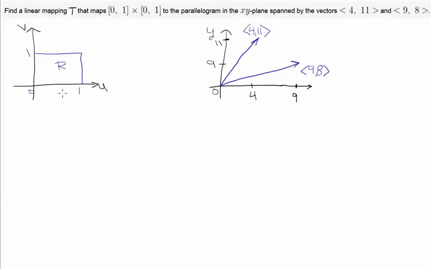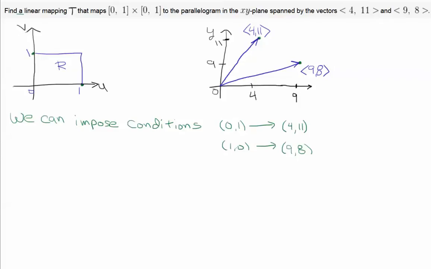So now that I have the rectangle and the parallelogram, and I have the vectors here, the next thing I need to do is impose some conditions. So I'm going to take this point (0, 1) here, and it's going to get mapped to this point (4, 11) here. And I'm going to impose a condition that the point (1, 0), this point here, gets mapped to this point here.